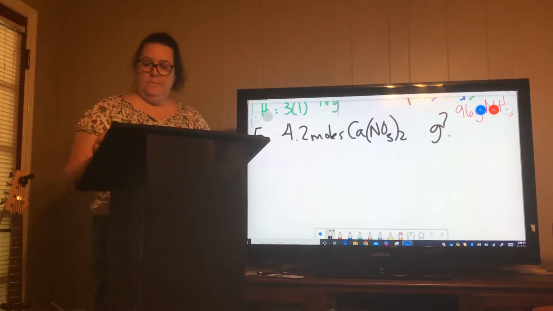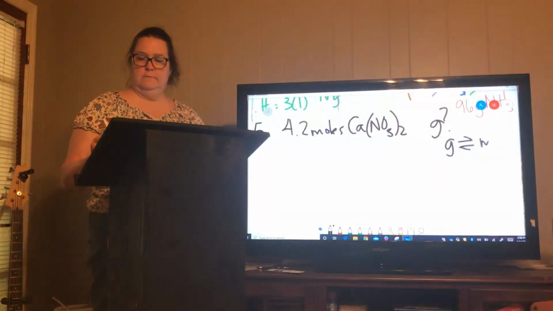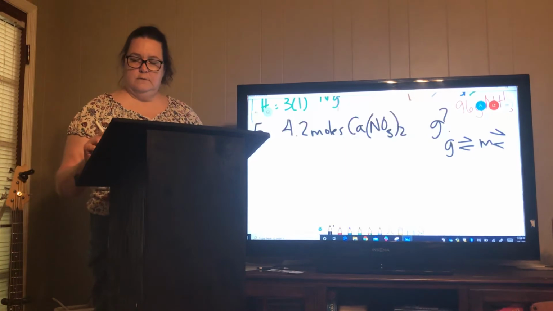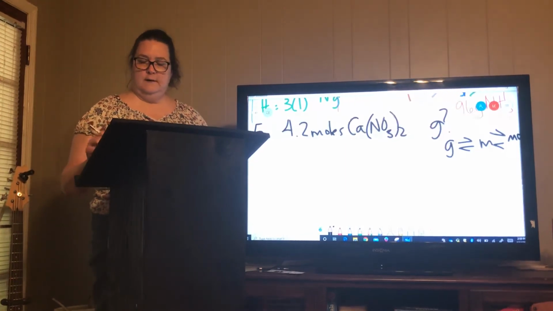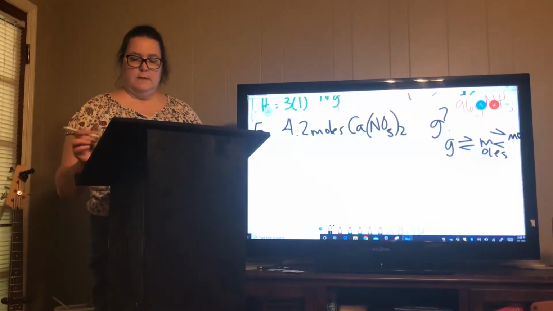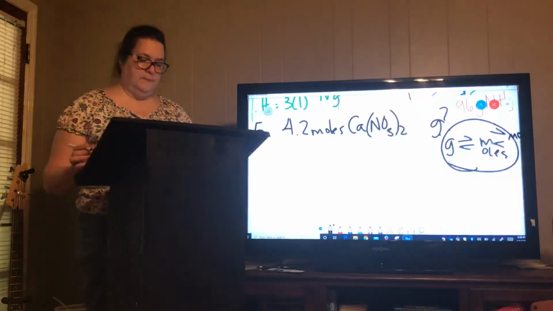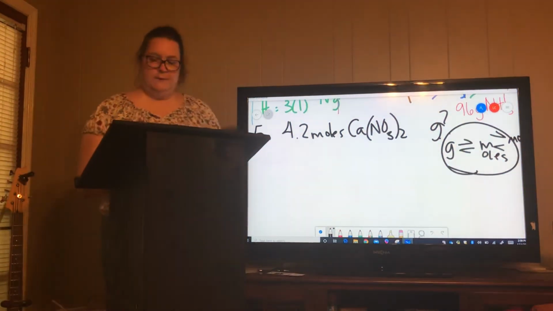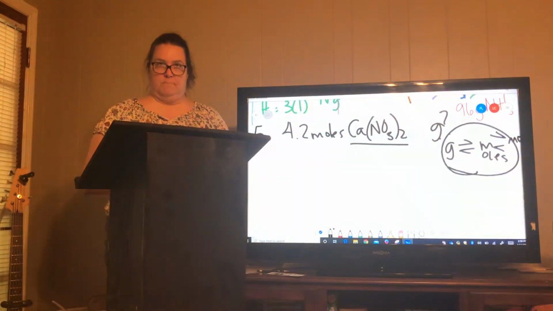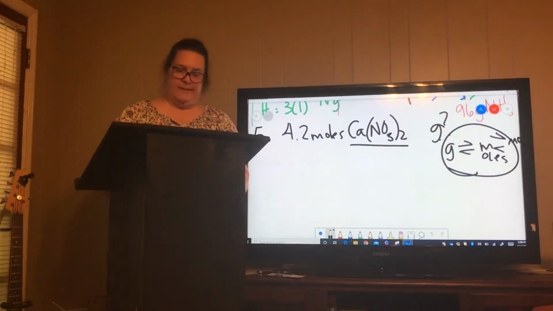Well, I know because if you draw that little thing that I was doing, that's molecules, this is moles. If I'm going from grams to moles, this is all I'm concerned with. But in order to do that, I've got to figure out the molar mass for that, or the molecular mass. I like to say molar mass.